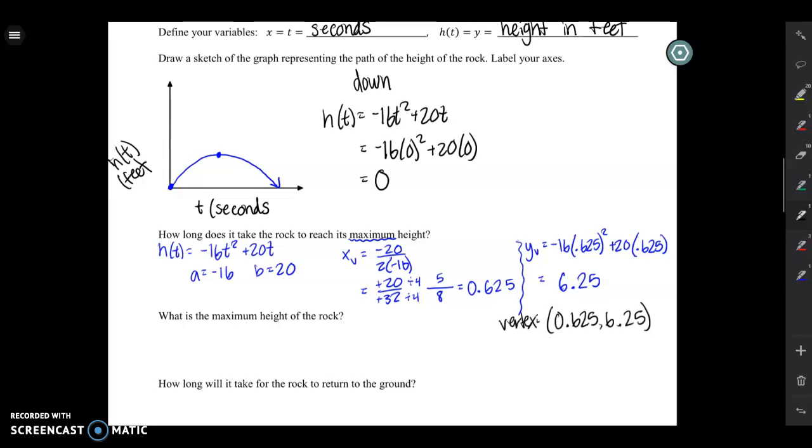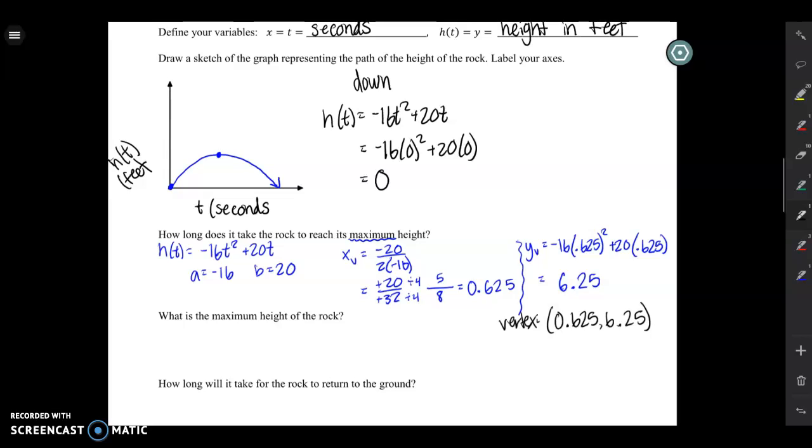So now let's go back to the question that we asked. How long does it take the rock to reach its maximum height? Let's remember that this vertex is going to indicate our maximum height. But my question wants to know how long it's going to take, so how many seconds before I hit that maximum height?